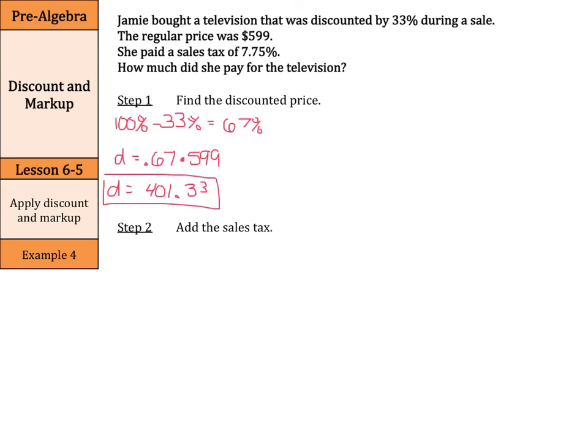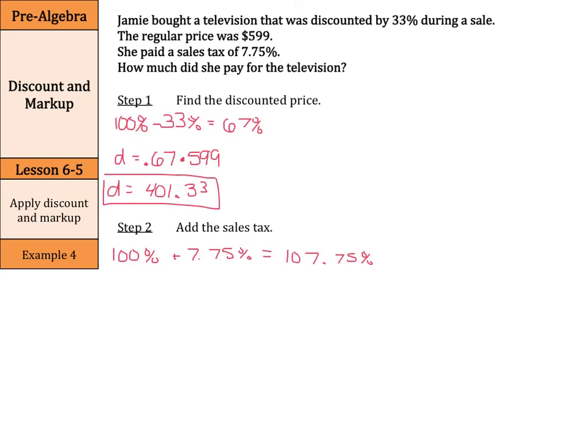Then I have to add my sales tax. We can once again use the percent equation, and the method we're going to use here is to say my new discounted price is 100% plus my sales tax of 7.75%. So my price after I add the sales tax is going to be 107.75%. That's going to be the new price.